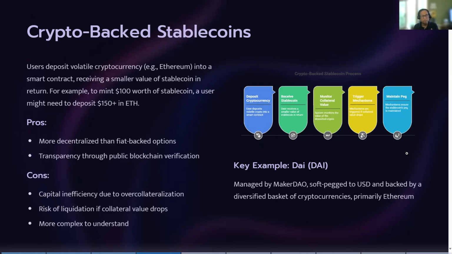So there could be a price crash based on how much stablecoin one person or one entity has. That is one of the cons for these crypto-backed stablecoins.